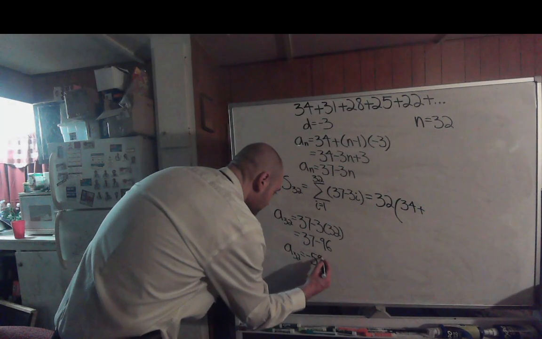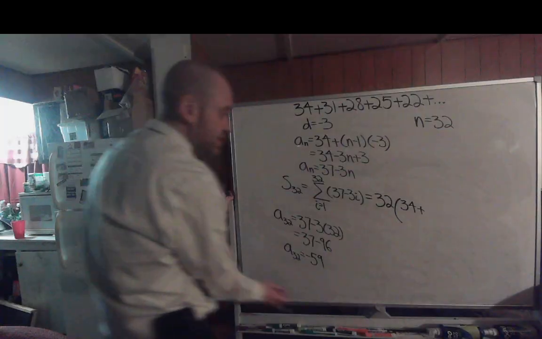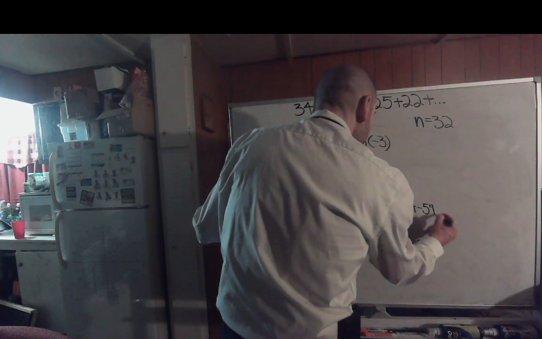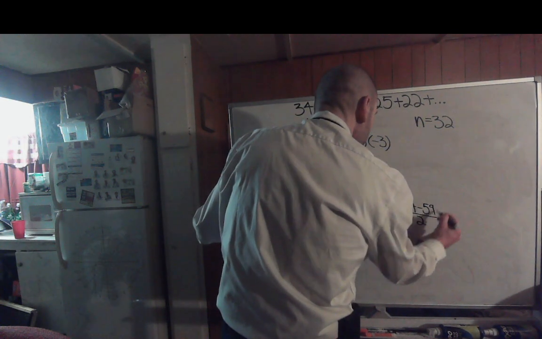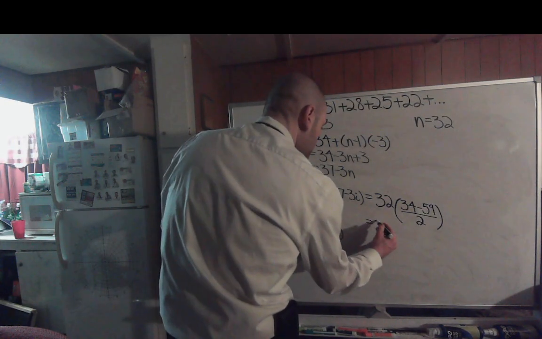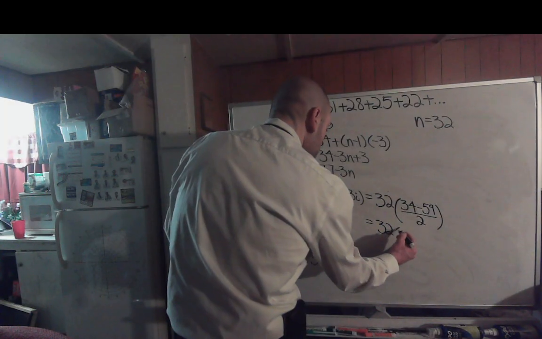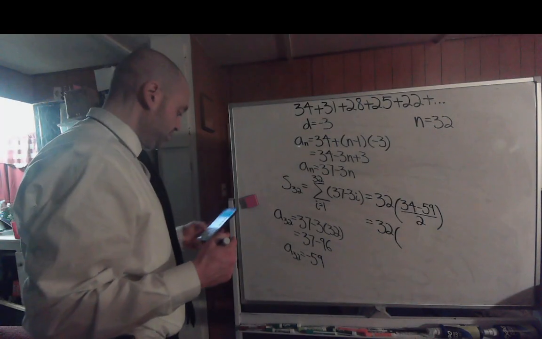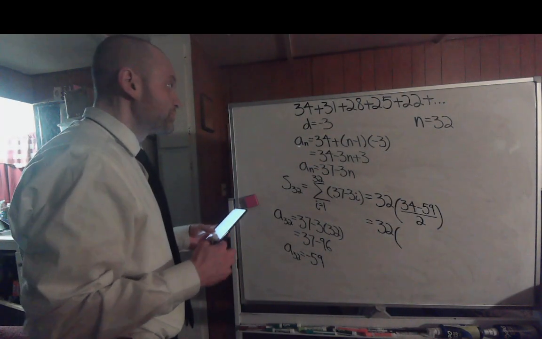So the 32nd term is negative 59, so this will actually turn into 34 minus 59, all that all over 2. So this will become 32 times 34 minus 59. Let's simplify that a bit.